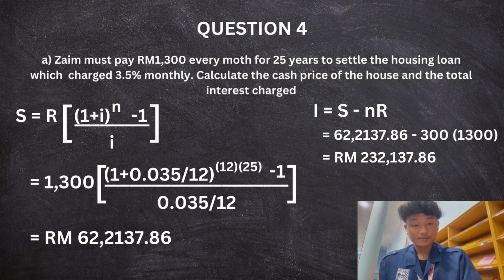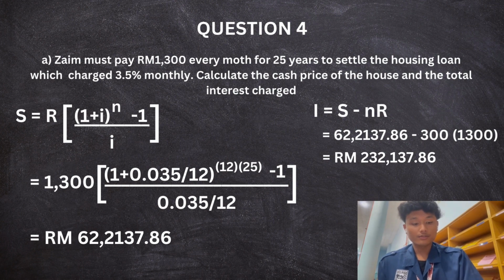In this case, we have to use the formula S equals R times (1 plus i) to the power of n minus 1, divided by i, to calculate the cash price of the house.